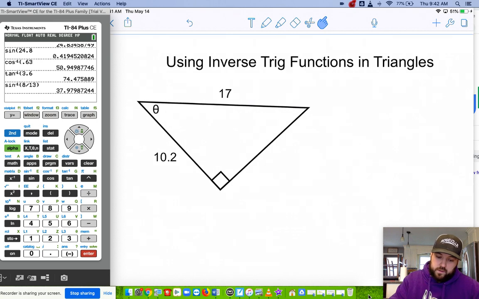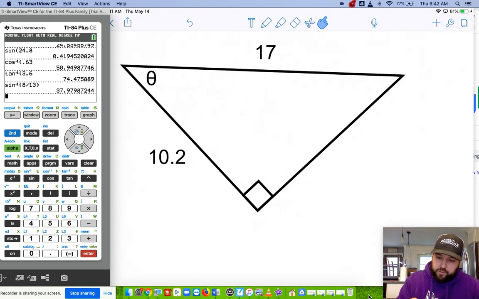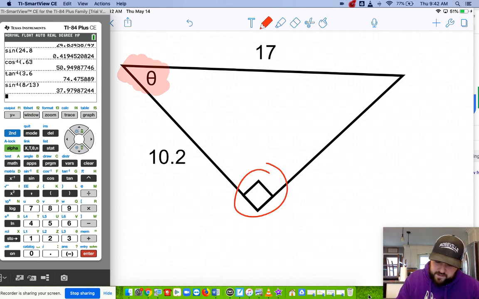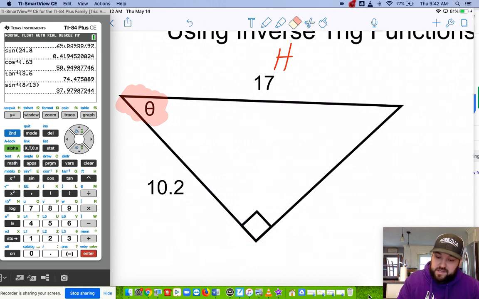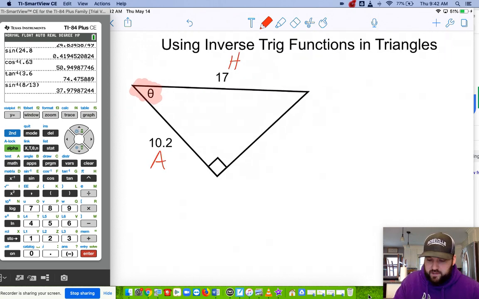So here I'm trying to find angle theta. Always find the 90 first, because then that helps us identify the hypotenuse. So the fact that I have the hypotenuse means I'm either going to use sine or cosine. If angle theta is what I'm looking for, that means 10.2 is the adjacent, and adjacent and hypotenuse are related using cosine.